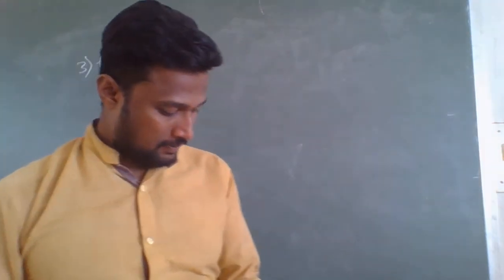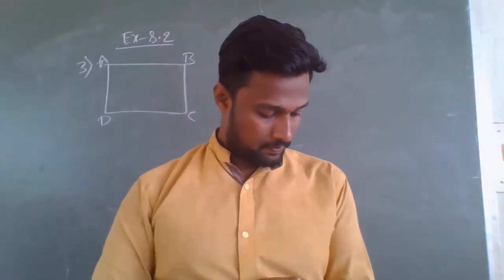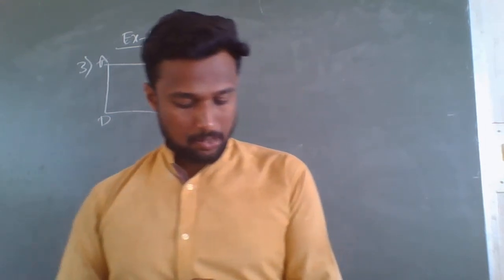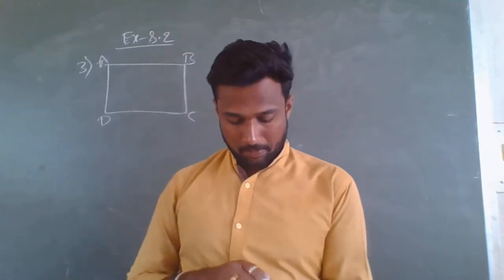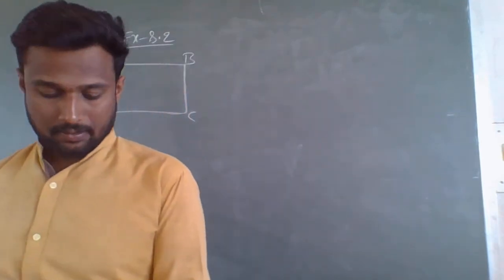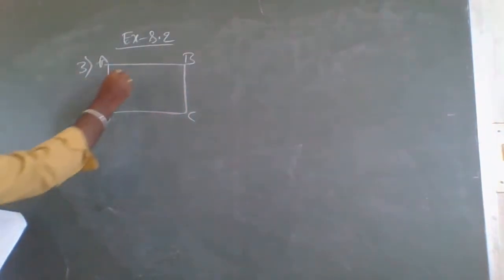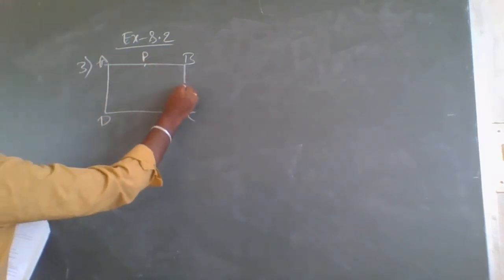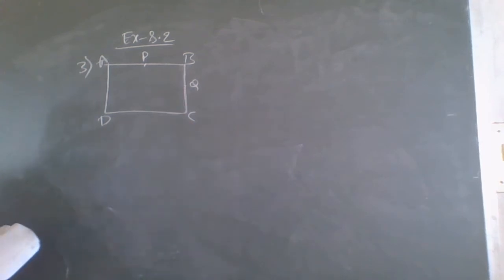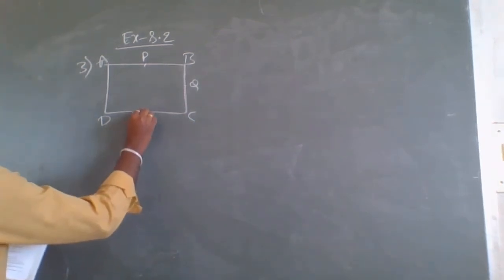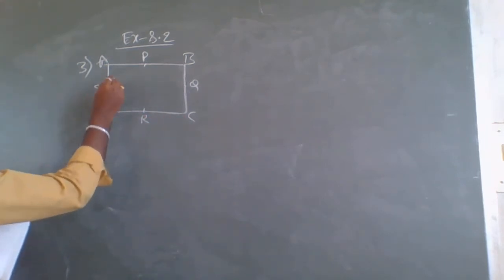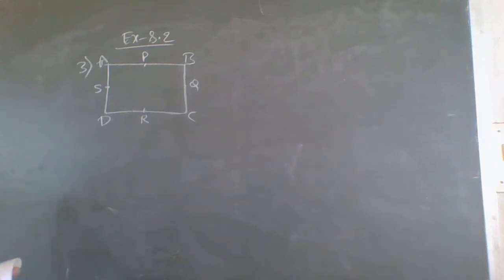And P, Q, R, S are midpoints of the sides AB, BC, CD and DA. Here P is the midpoint of AB, Q is the midpoint of BC, R is the midpoint of CD, and S is the midpoint of AD or DA.